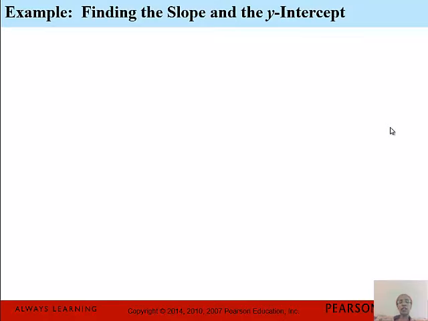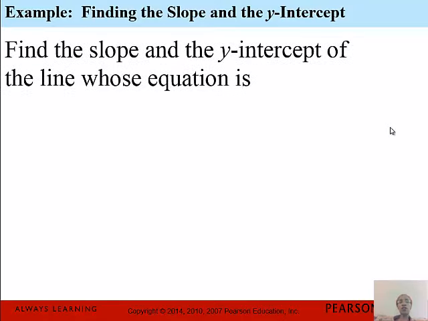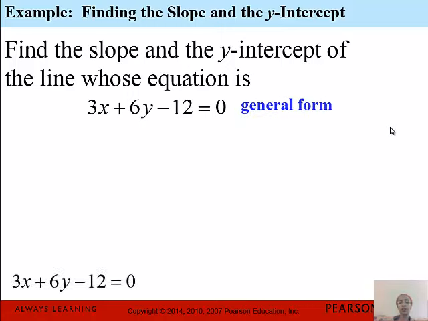So let's look at an example of finding the slope and y-intercept of the line whose equation is 3x + 6y - 12 = 0. Note that this is the general form of our line equation. So we begin by isolating y.